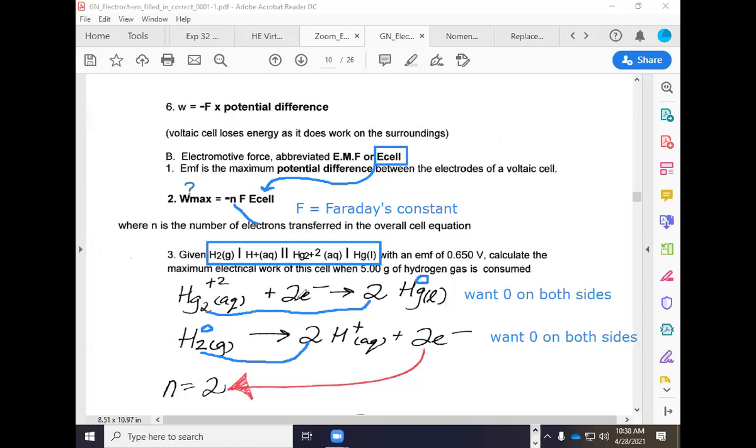We have to have these electrons the same as these electrons. In this particular case, they ended up being the same. But you might have an additional step where you would have to multiply one of them to get them the same, like some number. And that would be your electrons, and that would be your N.